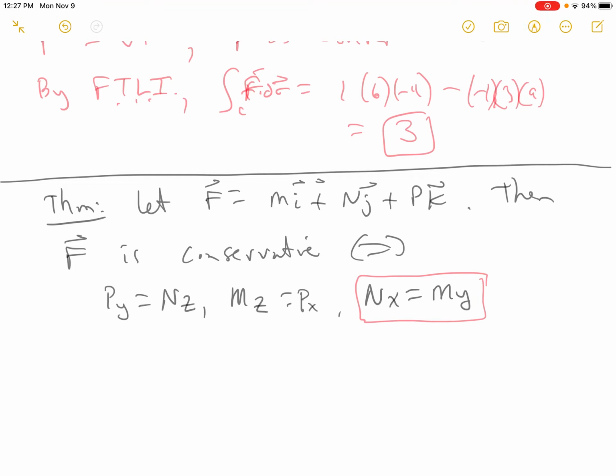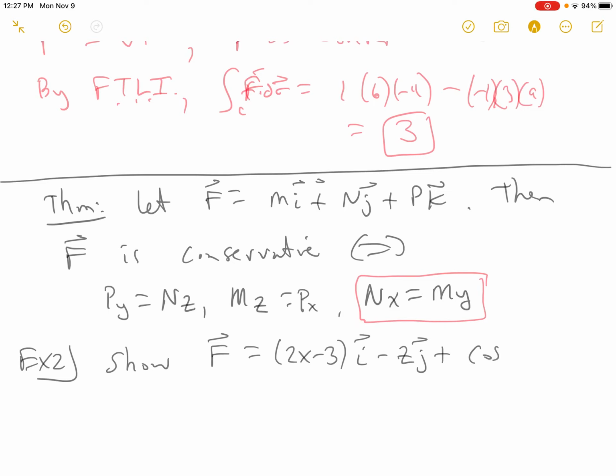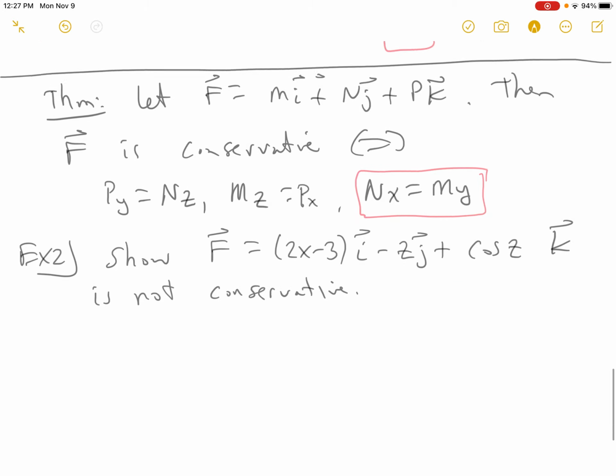Okay. So example, I think this is example 2. Show that F equals (2x minus 3)i minus zj plus cosine z k is not conservative. So up here, number 1 says, what's Py?